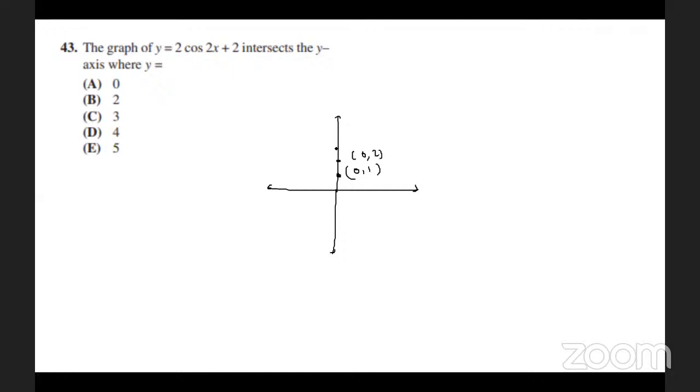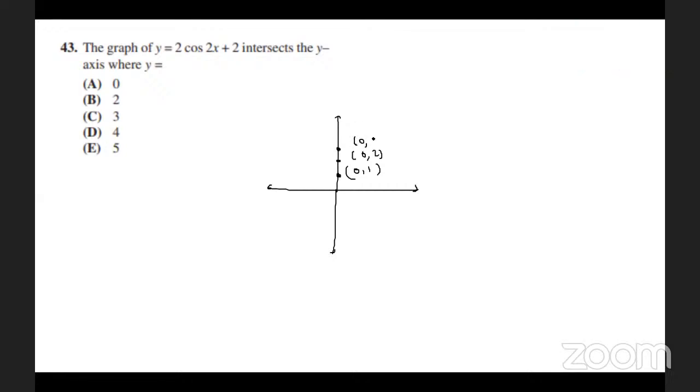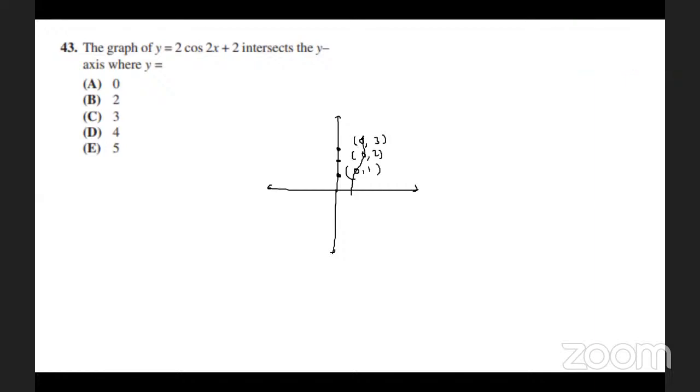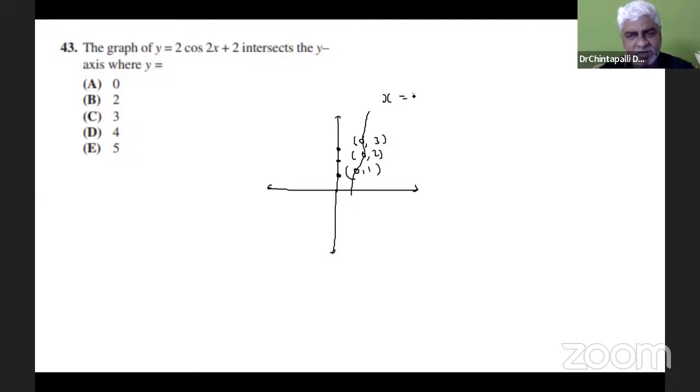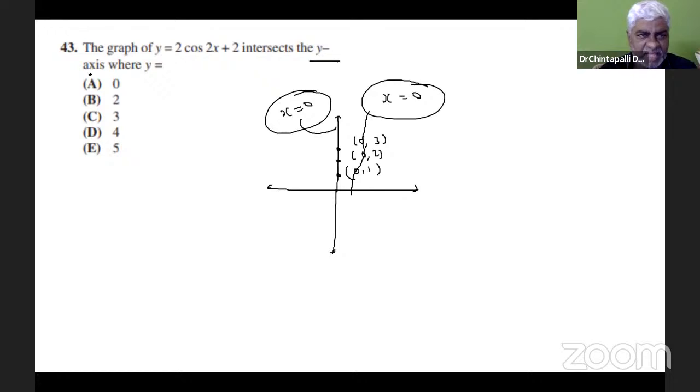So what is the common property of the coordinates on the y-axis? All the x values are the same, they are 0, right? So the property of the y-axis is x equals 0. X equals 0 is the equation of the y-axis, right?